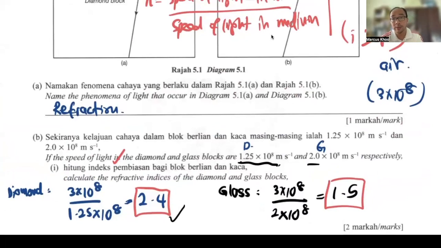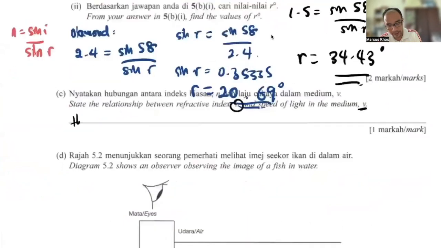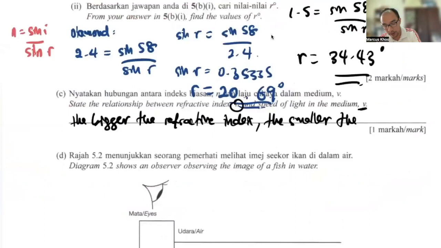So obviously it will be two different, one up, one down. So the bigger the refractive index, the smaller the speed of light in the medium.